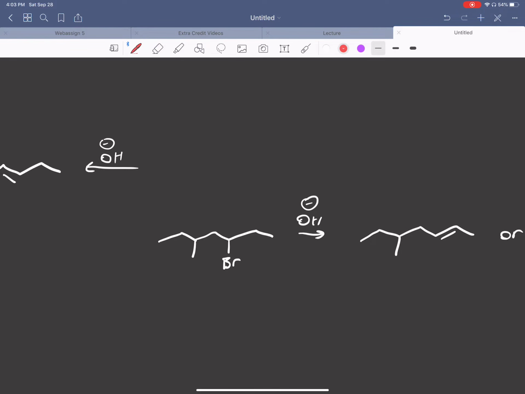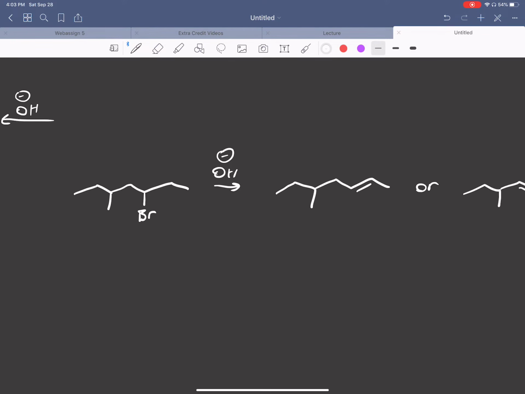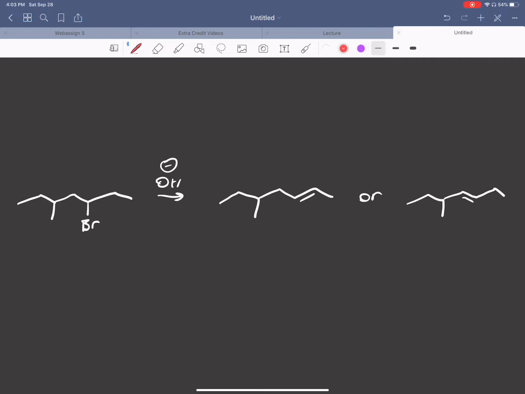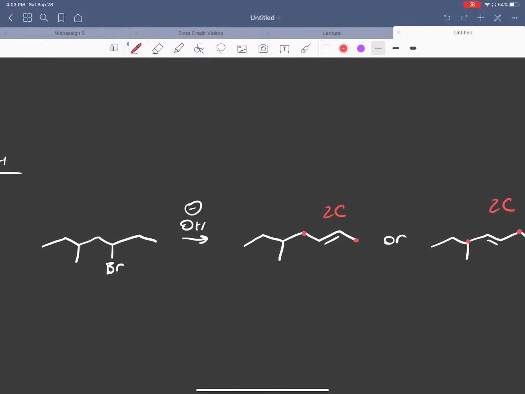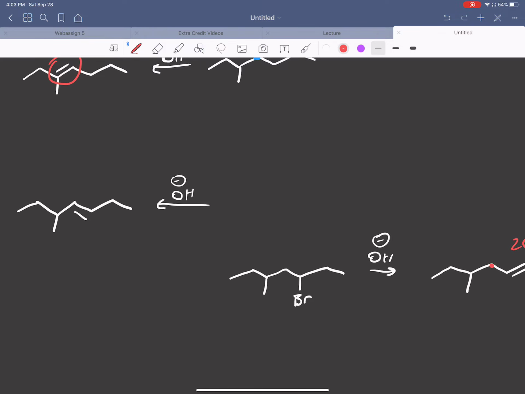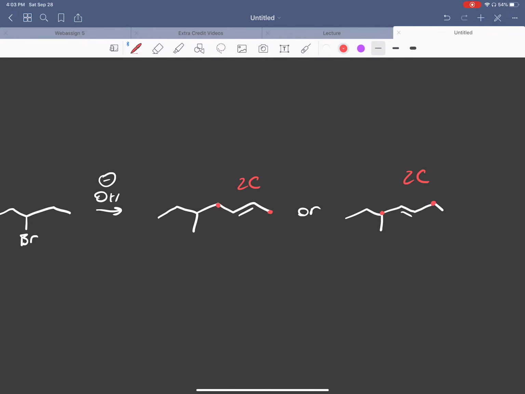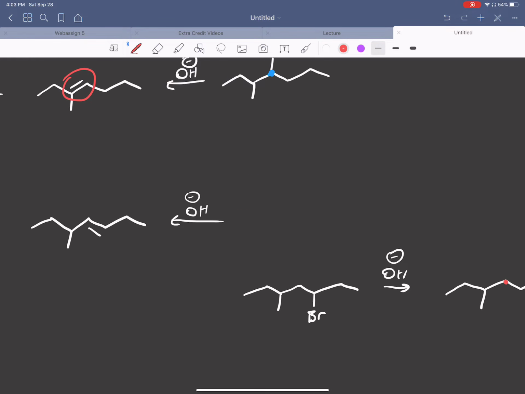Okay, so we put the Br there. Let's look at our two possible products. That double bond has 1, 2 carbons coming off of it. This one has 1, 2 carbons coming off of it. Okay, our alkene is the one that we want to form right here, right? That's the alkene we want to form.